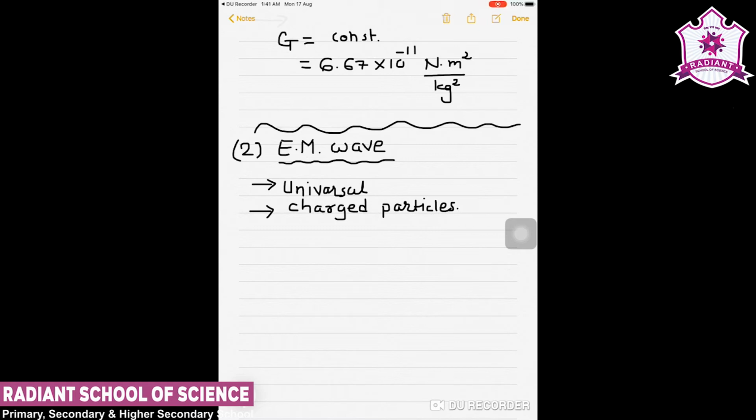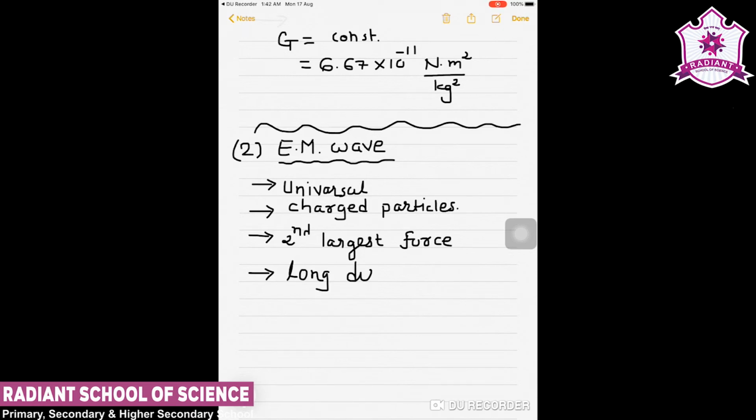The second thing to understand is that this is the second largest, stronger force. Third, it acts in all media. It does not actually require any medium, but generally it acts over a longer distance, so it is a long distance force also.